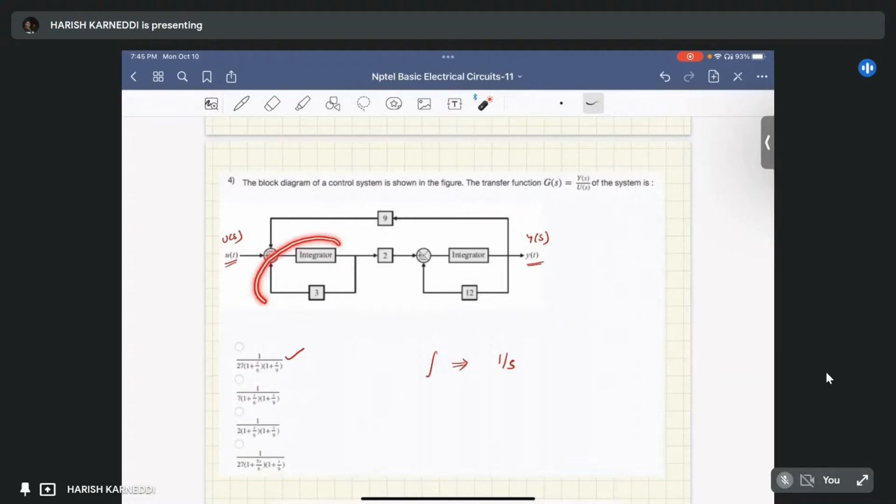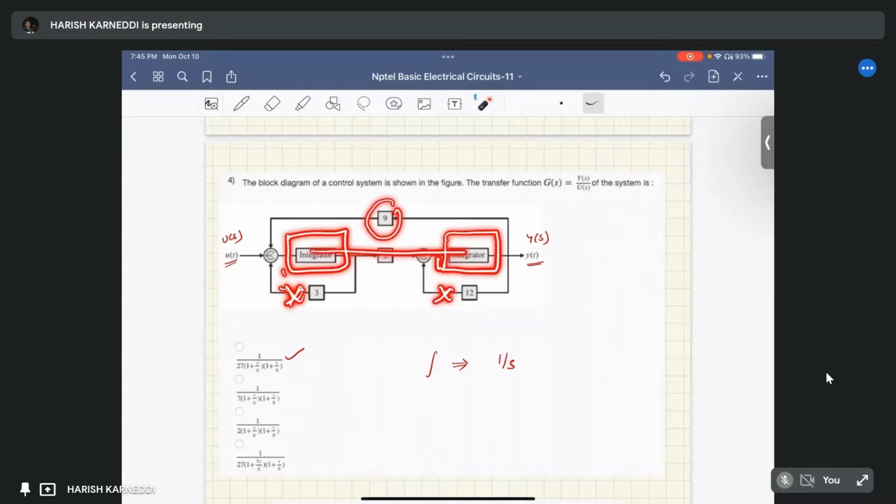If you simplify this whole feedback path, we can represent it with one closed loop gain block. Similarly, if you simplify this feedback path, you can represent it as one closed loop transfer function. So this feedback path will be eliminated and this feedback path will be eliminated. Now you have only this feedback path.